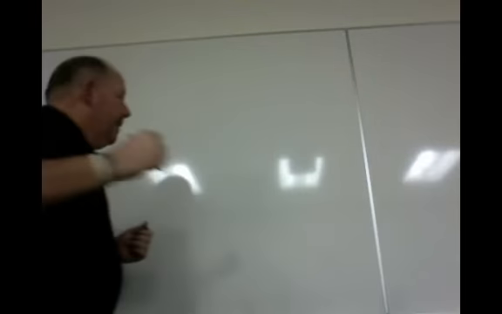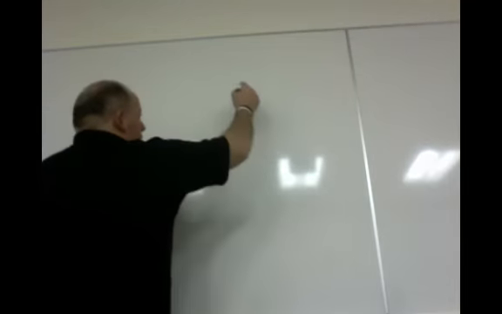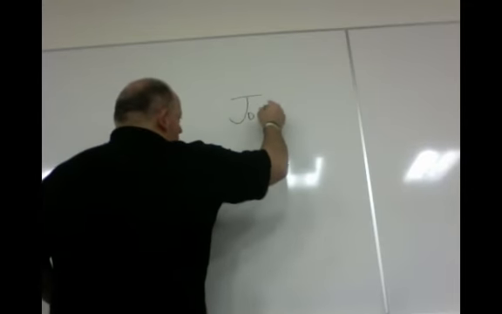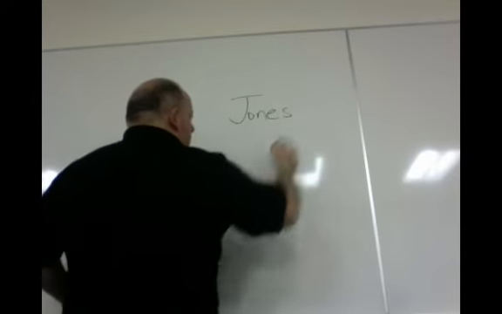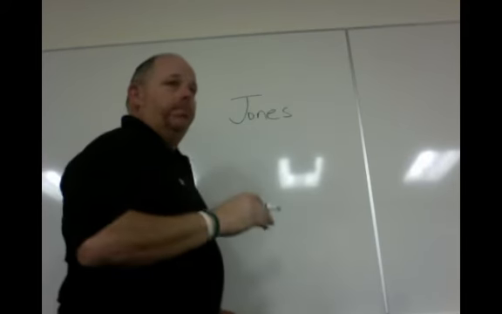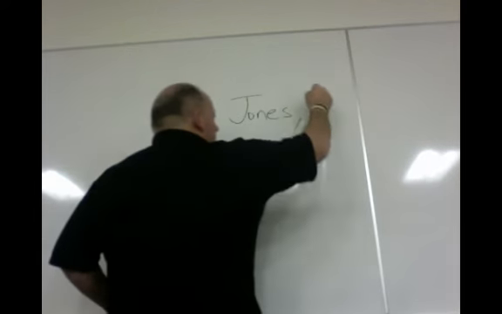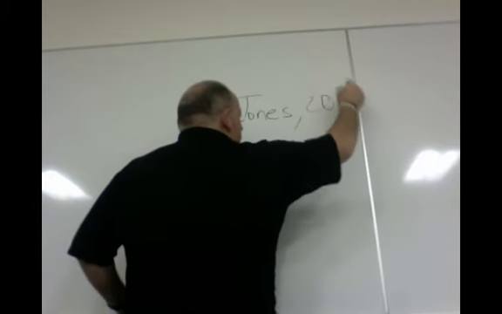Okay? And we're just going to use a progression. We're going to start with Jones. This is one author. Regardless of whether it's in the beginning, middle, or end, there'll be the date, 2012.